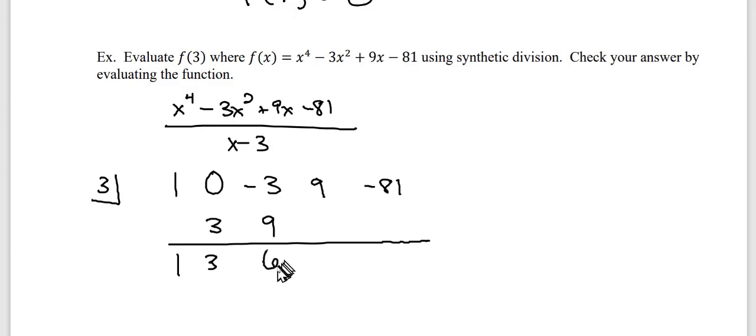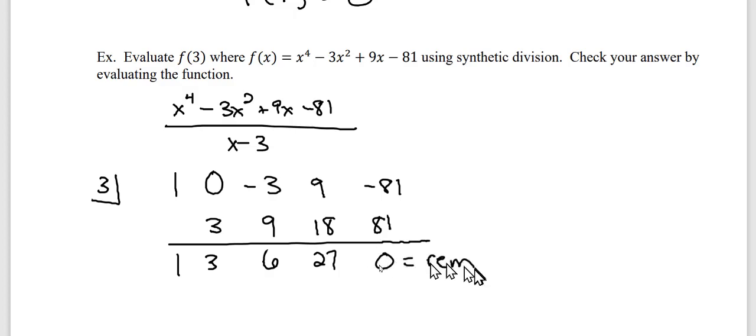I add and I get 6. Multiply the 3 by the 6 to give me 18. I add, I get 27. Multiply the 3 by the 27, I get 81. I add and I get 0.